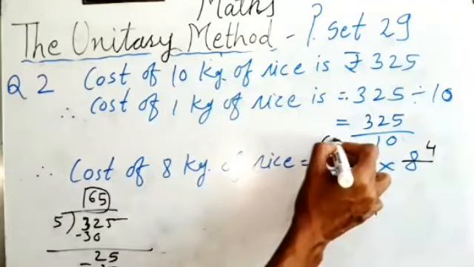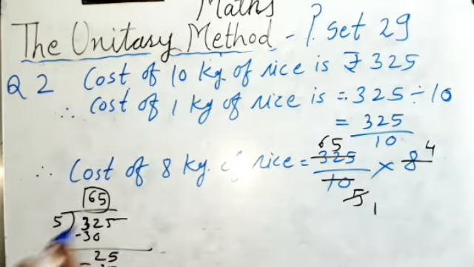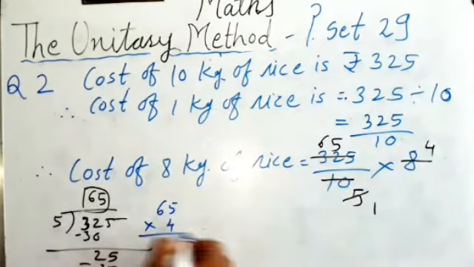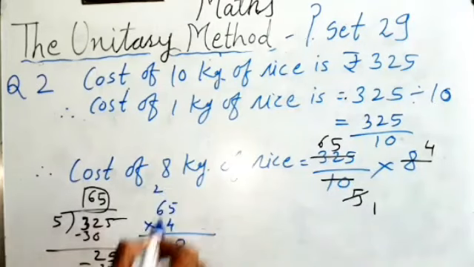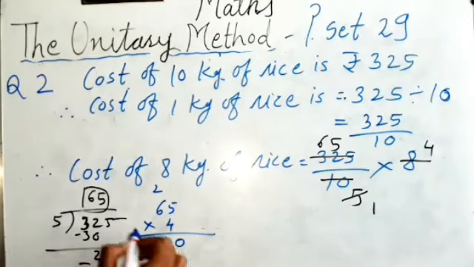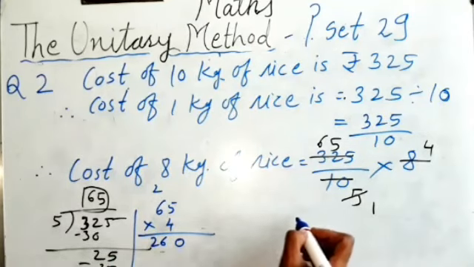Now the denominator came to 1, and now 65 multiplied by 4. 5 4s are 20, 6 4s are 24, plus 2 is 26. So I got the answer rupees 260.